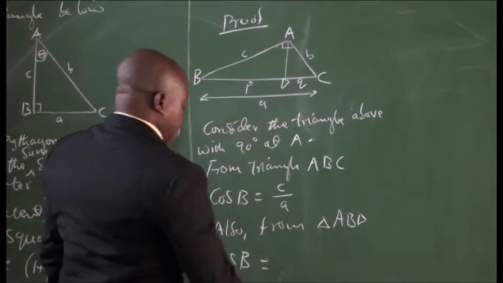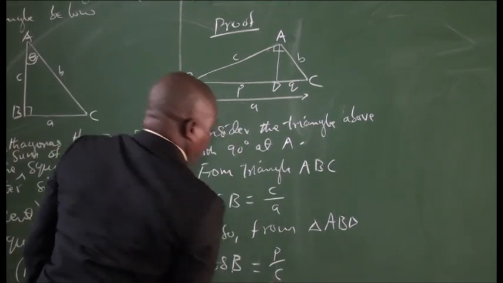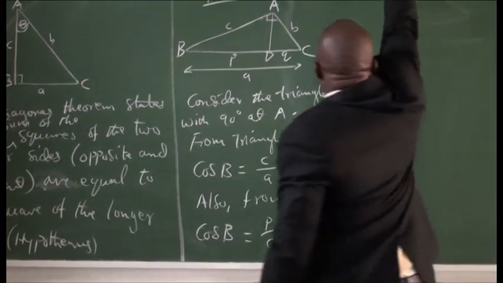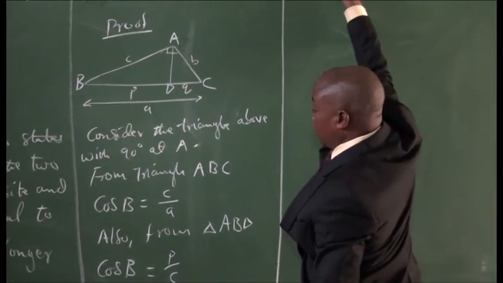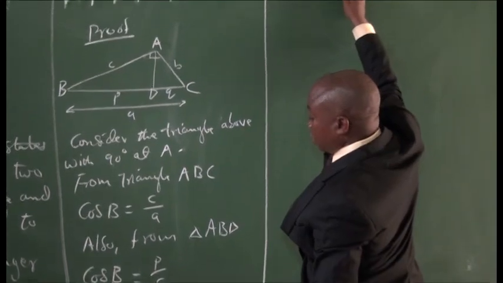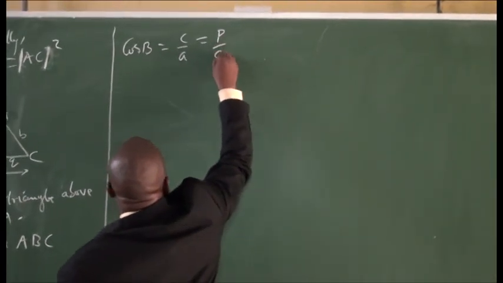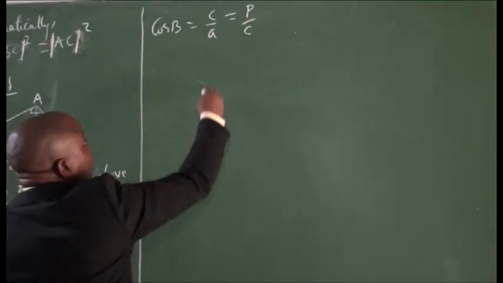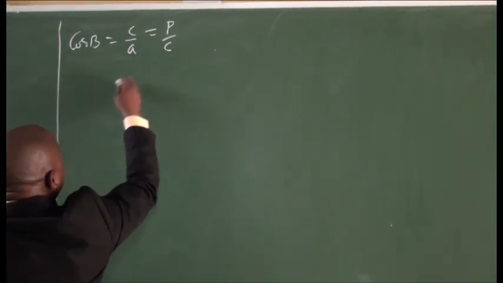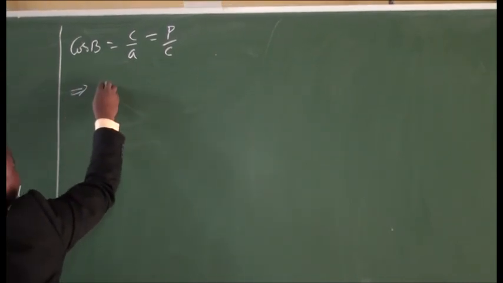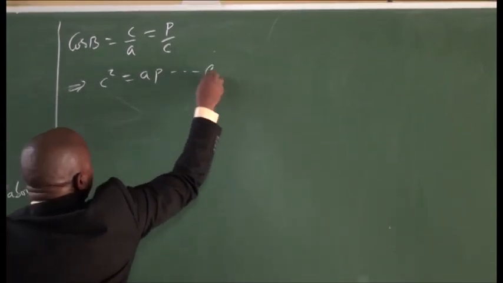So that implies that cos B equals C over A, which is equal to P over C. Now let us cross multiply C over A and P over C. By cross multiplication, you have that C square equals AP. That is 1.